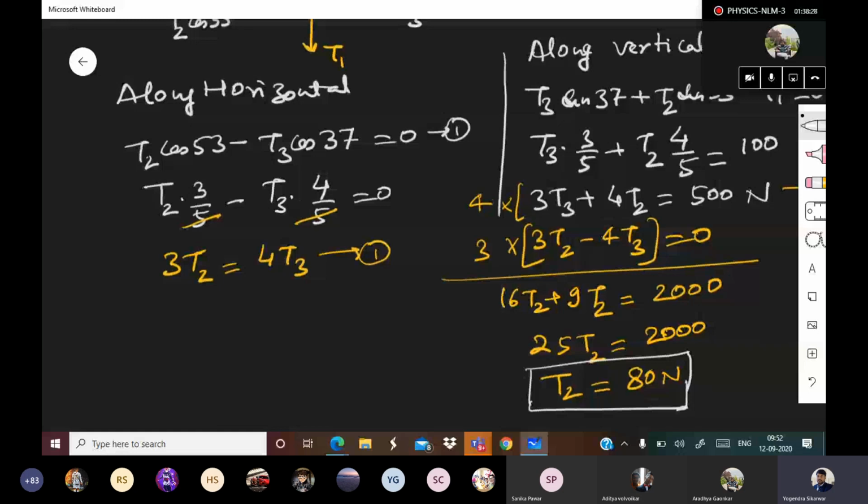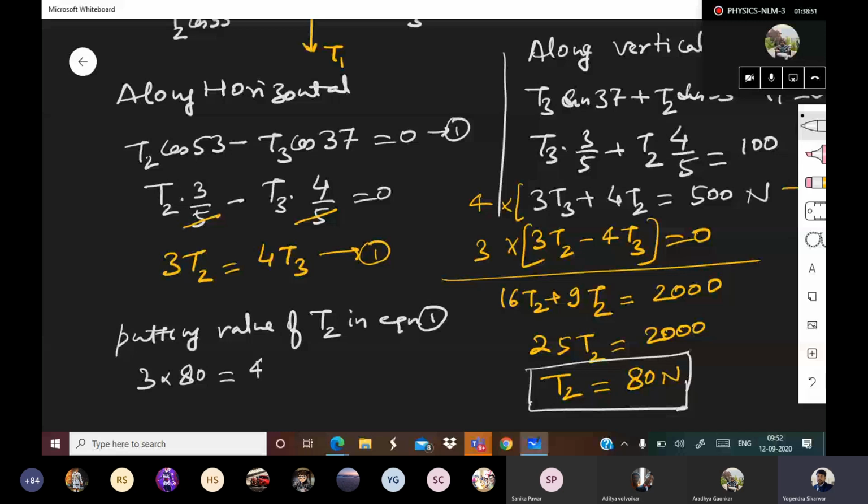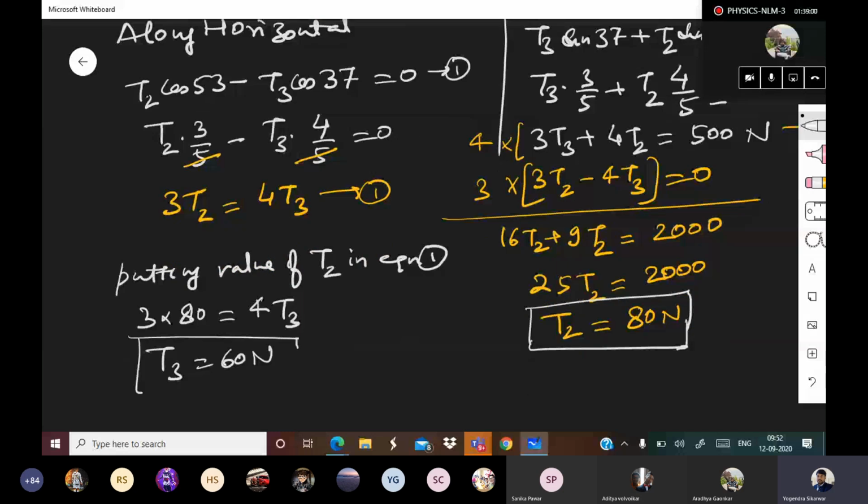Putting the value of T2 in equation 1, we get 3 into 80 is equal to 4T3. So T3 comes out to be 60 newtons. Please note, everyone.